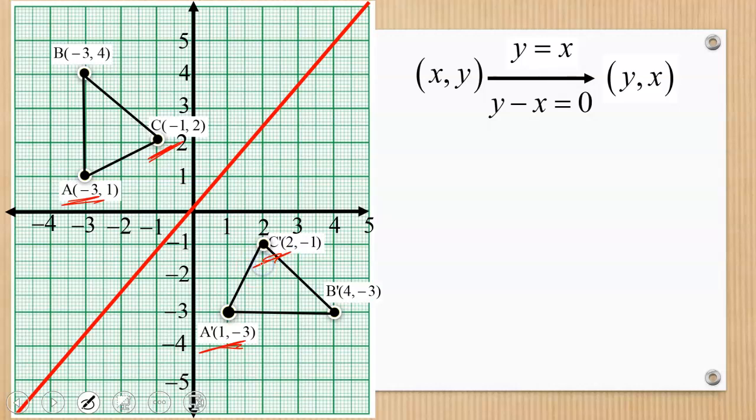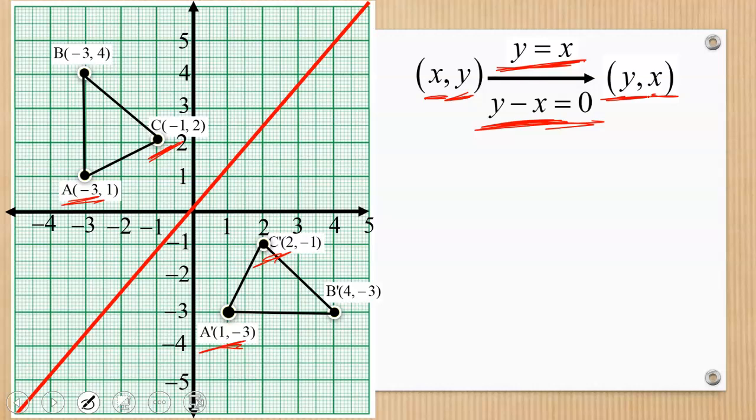Its image becomes 2, -1. So in a nutshell, when we have X and Y, using Y equals X, or we can also write it as Y minus X is equal to 0, our image becomes YX. We only swap the position of X and Y values. I hope it makes sense.